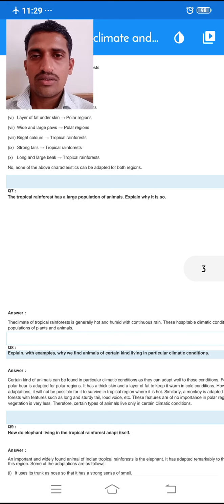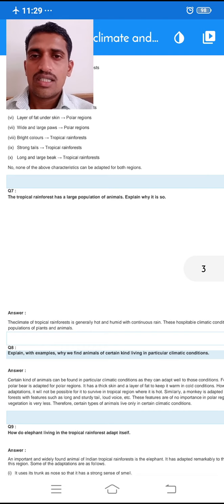During the normal winter season, the temperature will be 15 degrees Celsius, not less than that, and during the other seasons, the temperature will be average. This region receives an average warmth, that we call temperature. At the same time, it receives heavy rainfall throughout the year.